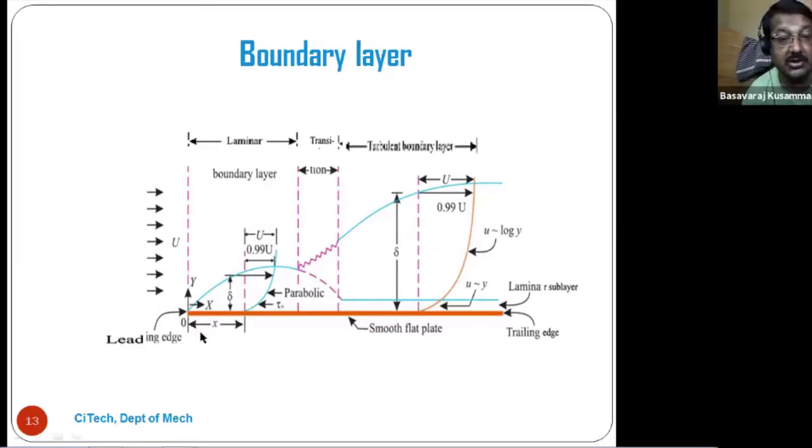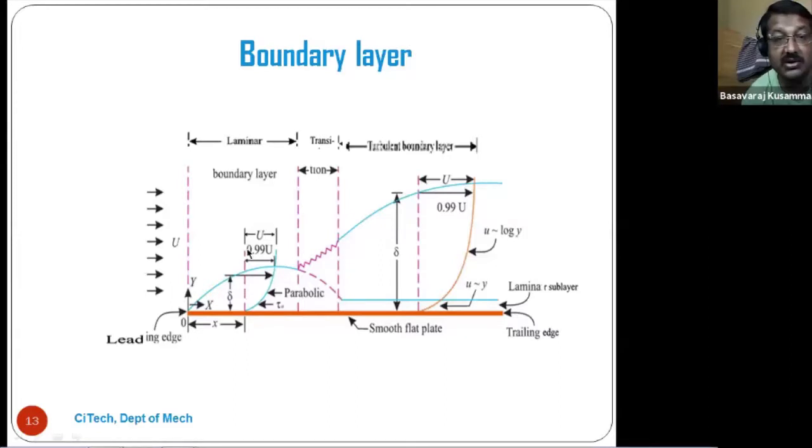Here we are considering the velocity u at the leading edge, with the fluid flowing above the plate. This region is the laminar boundary layer, this is the transition boundary layer, and this is the turbulent boundary layer.